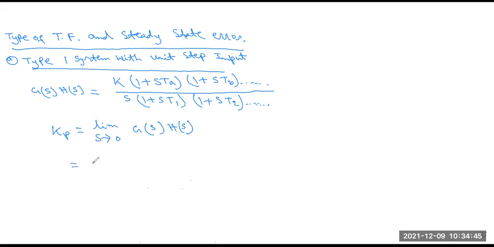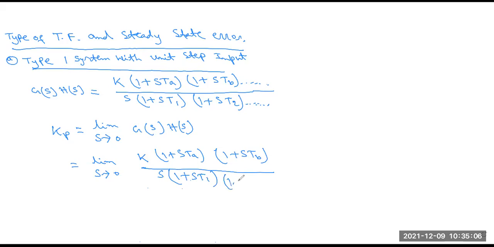Putting in the value, that is the limit as s tends to 0 of K into (1 plus sTa) into (1 plus sTb), divided by s into (1 plus sT1) into (1 plus sT2), and so on. The n number of poles and zeros we have to input here.